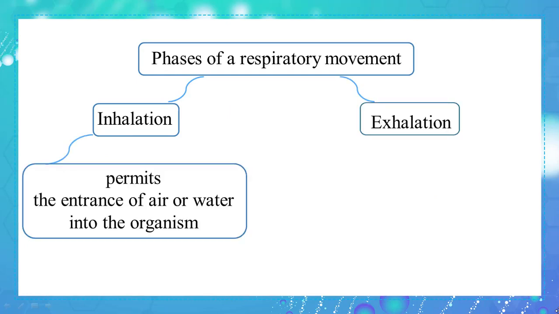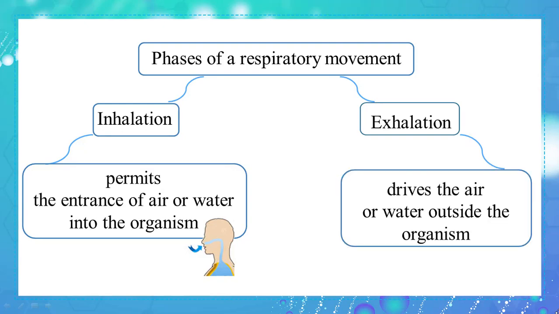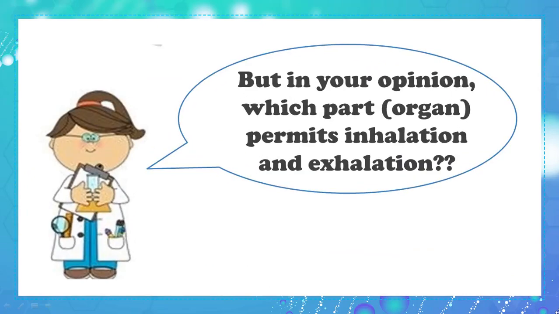Inhalation permits the entrance of air or water into the organism, while exhalation drives the air or water outside the organism. But in your opinion, which part or organ permits inhalation and exhalation?